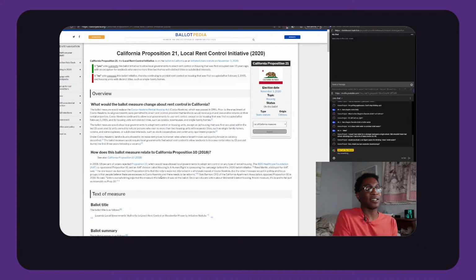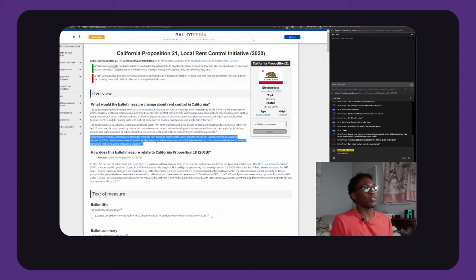But Costa-Hawkins created some different rules for that. Specifically, landlords can increase rent prices to market rates when a tenant moves out. It's called vacancy decontrol. But before then, if you are staying in an apartment and it was built before 1995, then your city or locality can choose whether or not that unit is rent controlled.